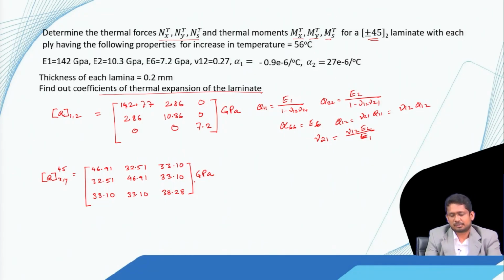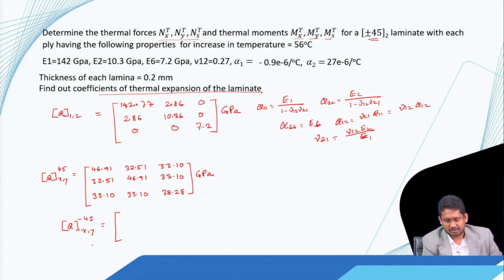So, this we obtain from the transformation relation in terms of m and n, where m is cosine theta, n is sin theta, with theta being the angle between the axis 1 and the axis x. With that same transformation relation, the Q matrix for minus 45 degree comes out as follows. We know that when theta changes its sign, everything remains the same, only these two quantities change their sign. So, the new matrix will become 46.91, 32.51, minus 33.10.